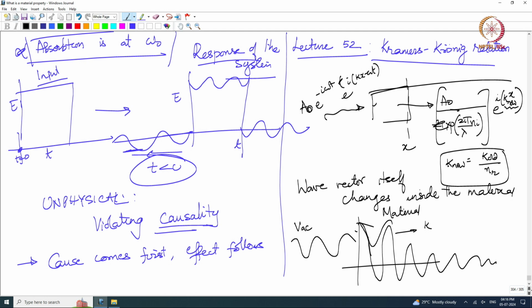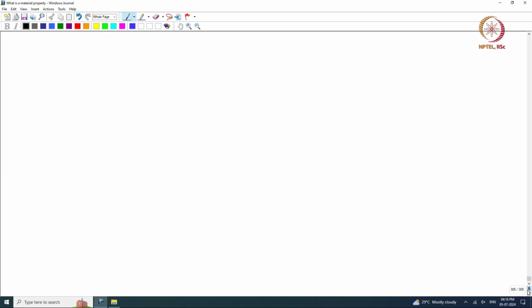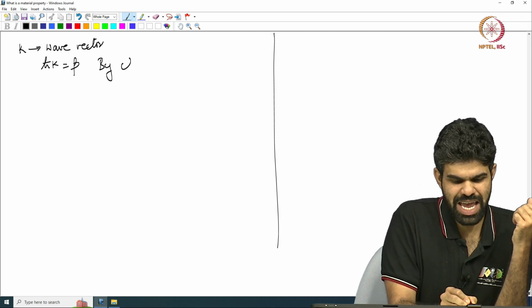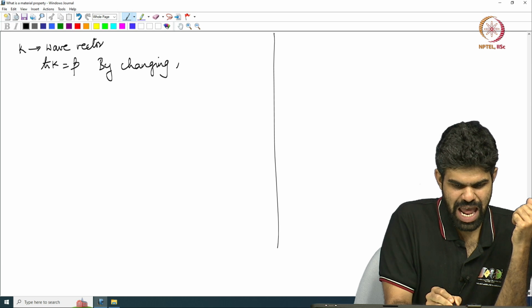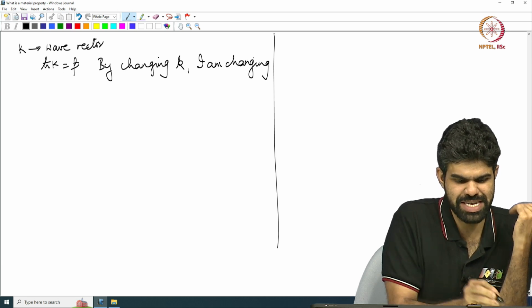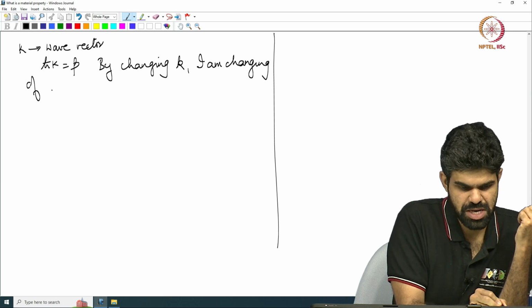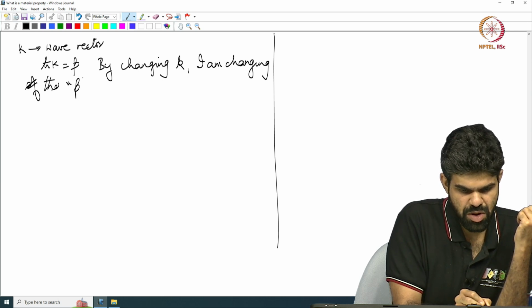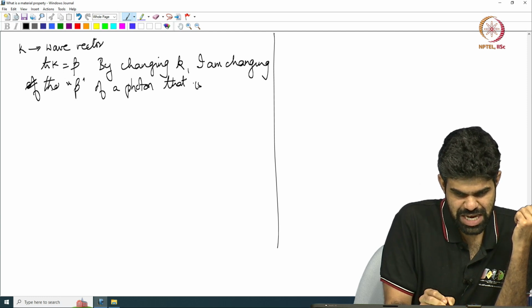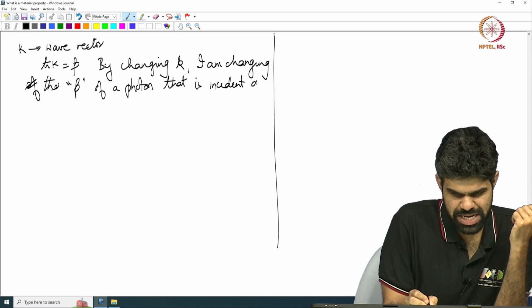So I am changing the k, which means I am changing the momentum. k is the wave vector, and ħk is nothing but the momentum of the photon. So by changing k, I am changing the momentum of a photon that is incident on the material.